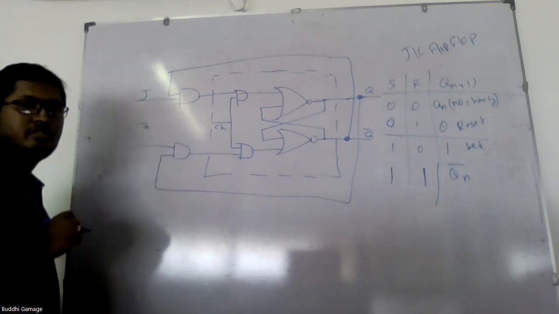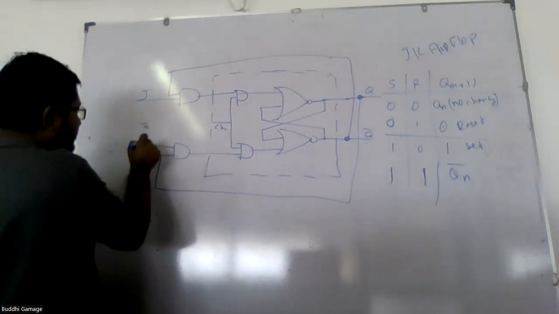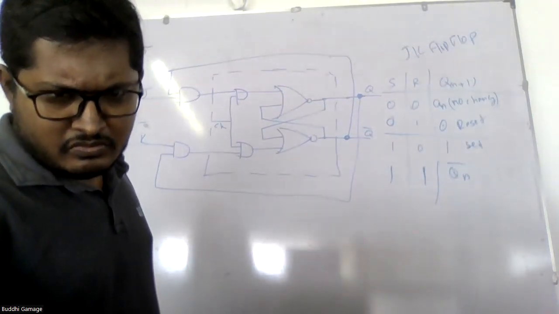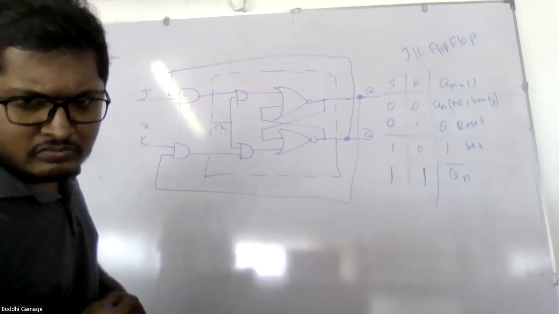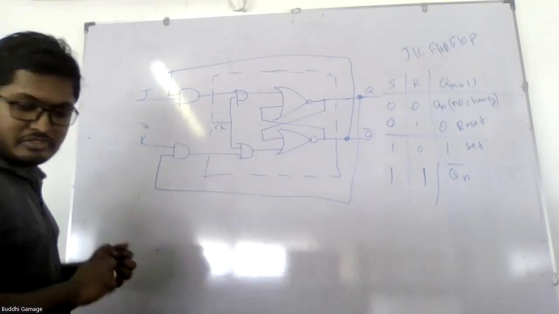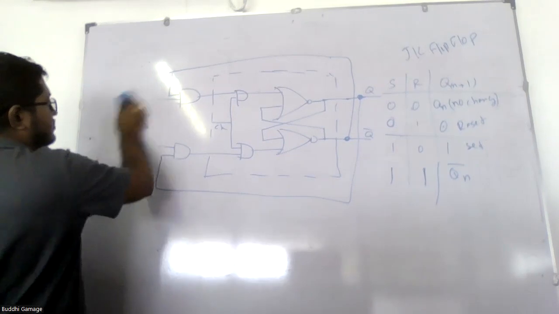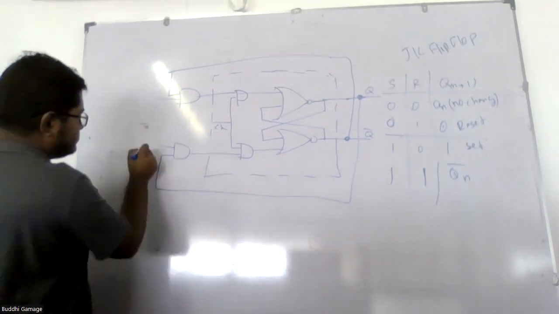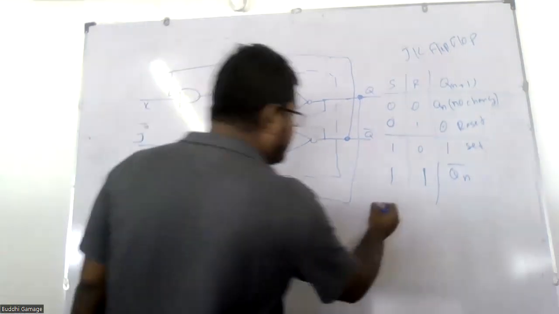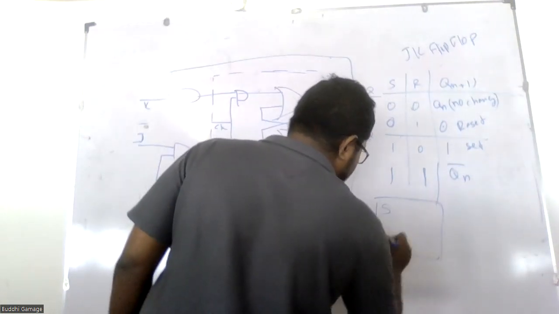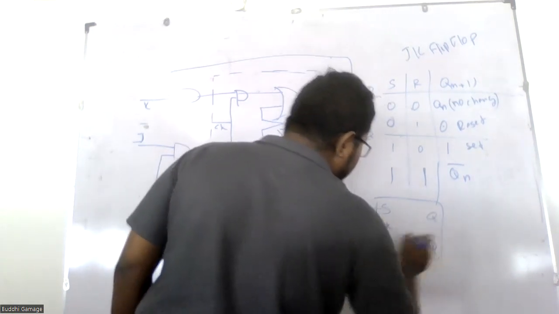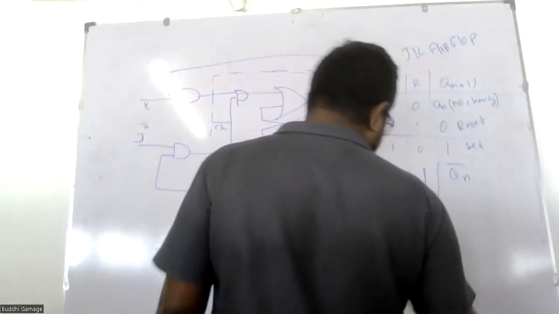And now these are called J and K. So in the block diagram, you can simply say this is Q and Q bar.